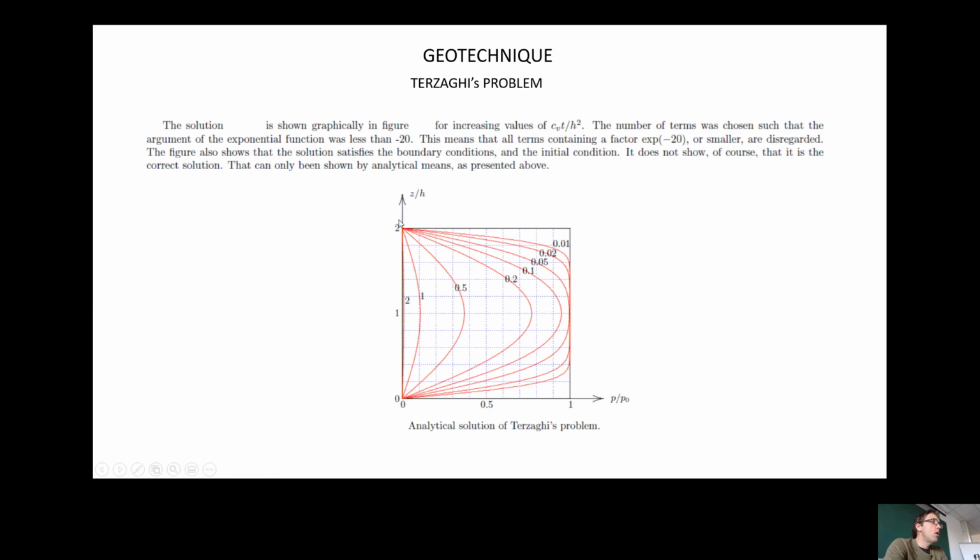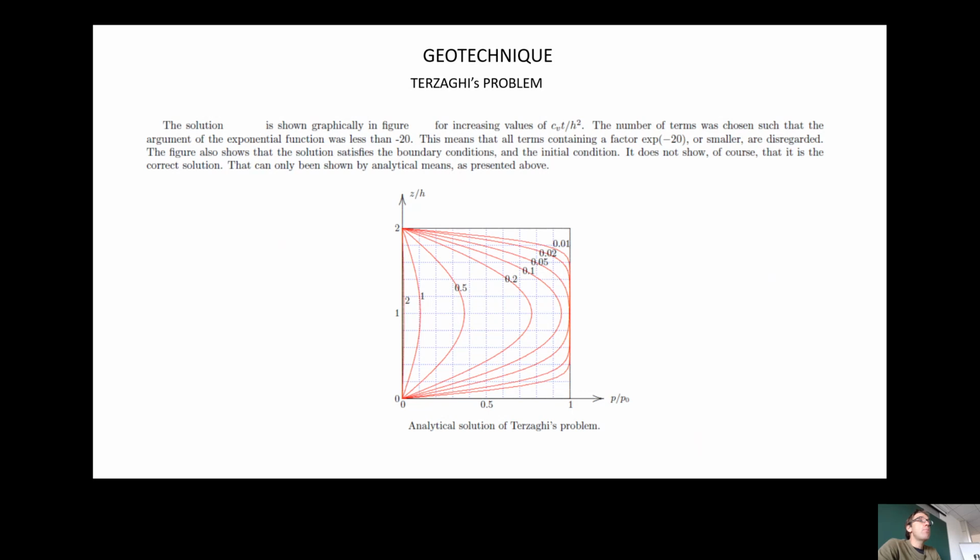The figure shows that the solution satisfies the boundary conditions, see here and here, for zeta equal to 0 at the top and at the bottom, but it doesn't show, of course, that it is the correct solution.